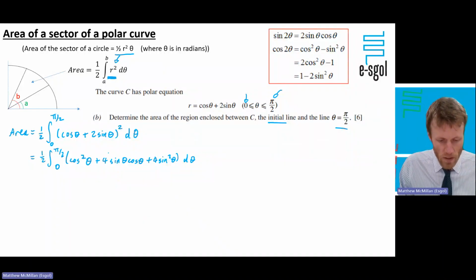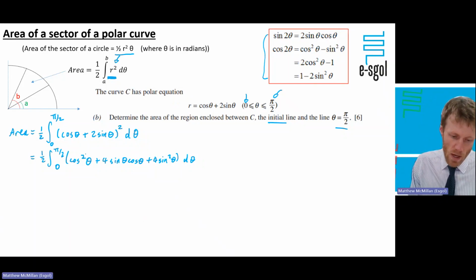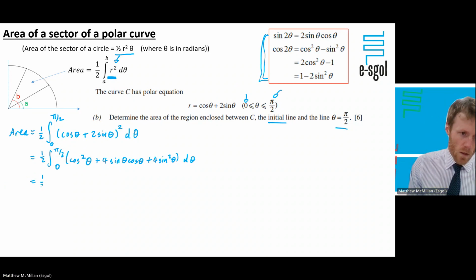Before we can integrate it, we need to use the double angle identities up here because we're not able to integrate cos squared and sine squared. So this is where you do need to learn these kind of off by heart, so you can do this really quickly. For this one, I'll just keep going.